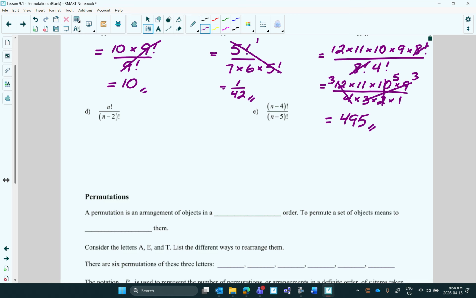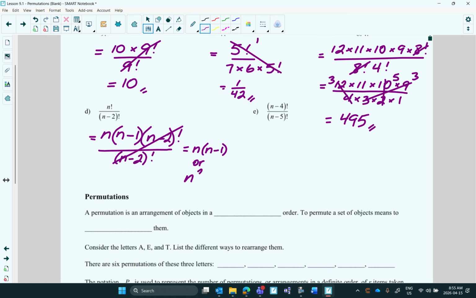So take the n and start writing, well, okay, 1 less, and then multiply by 2 less. That matches the denominator. Stop and put a factorial. Because now I can cancel that with the bottom. And I'm left with n times n minus 1, or n squared minus n.